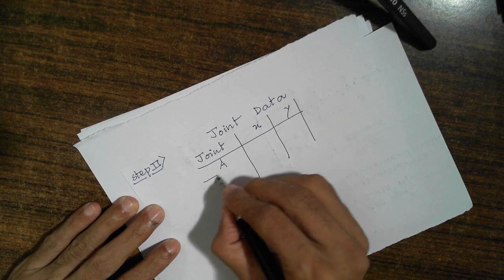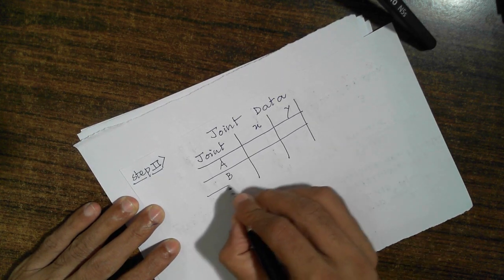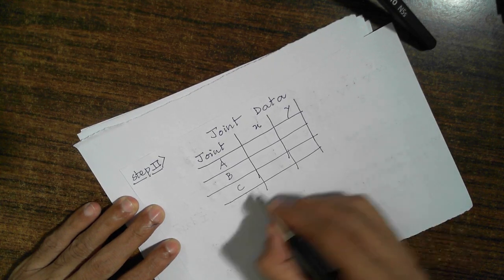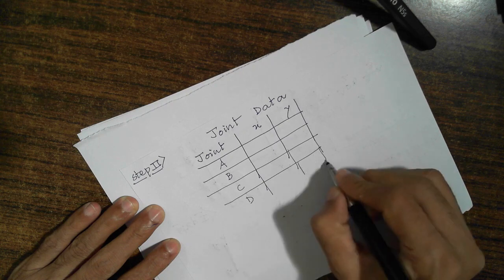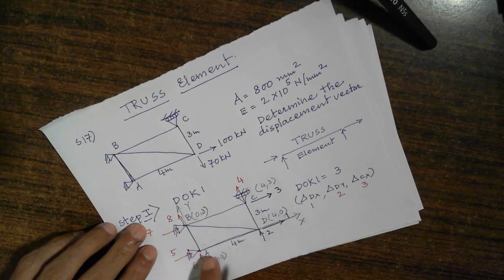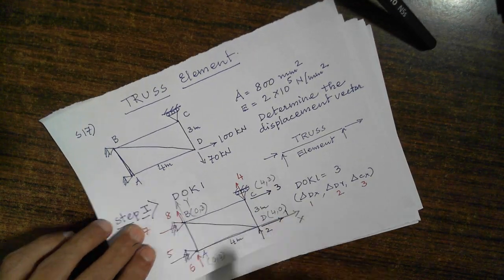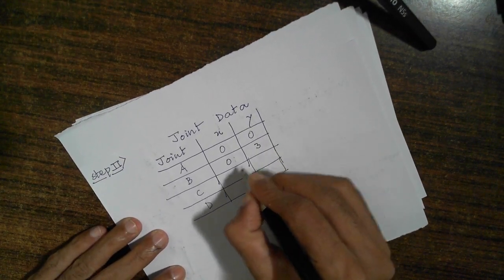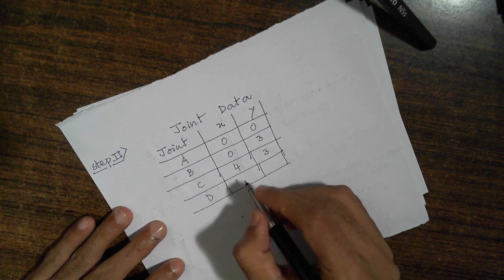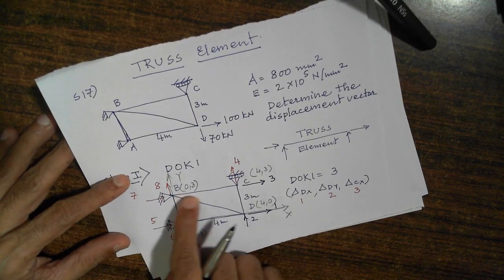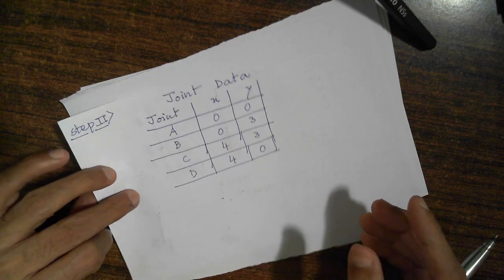Joint A, joint B, joint C, and joint D. I have just seen joint A 0, 0; B 0, 3; C 4, 3; and D 4, 0. This is my joint data.